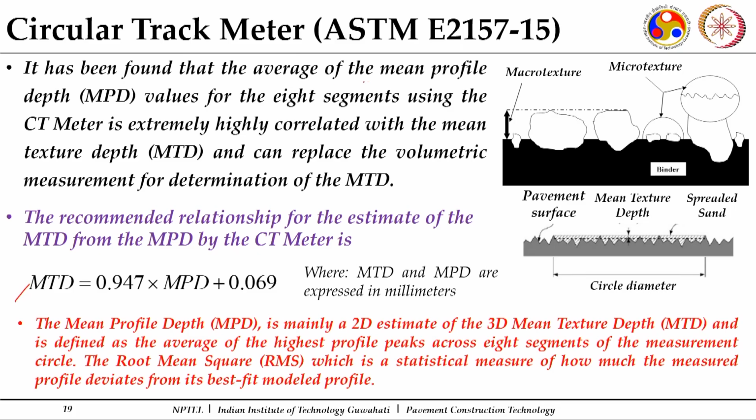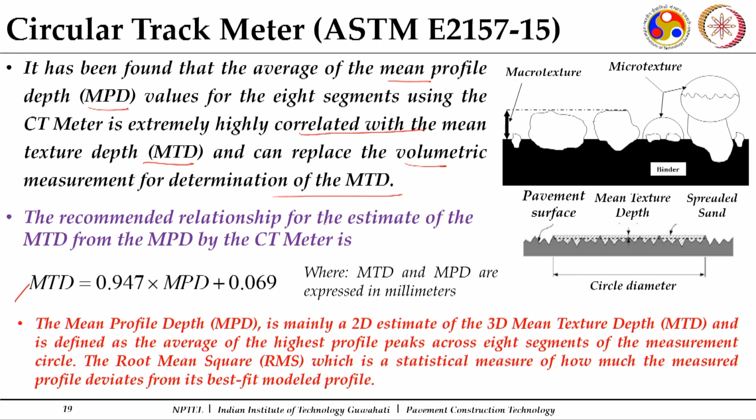It has been found that the average of the mean profile depth from the circular track meter for the 8 segments, because it divides into 8 segments, is extremely highly correlated with the mean texture depth and can replace the volumetric measurements. So, you get more accurate measurements, and it can replace what you have got from your mean texture depth.